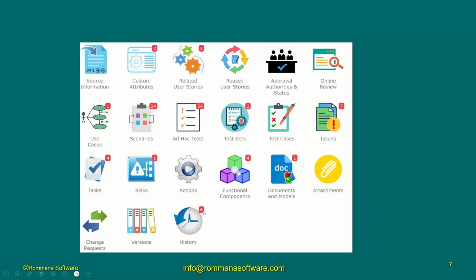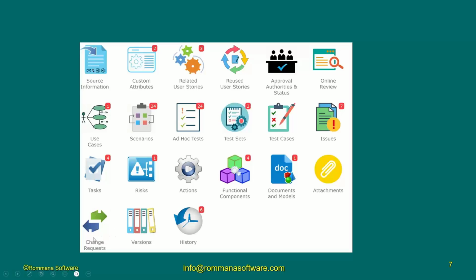It shows you, for example, it has 6 changes over time. And if I were to click on this history, I'll see all the 6 changes and who made the change and when and why and all that stuff. ADO does not allow you to maintain a history of the changes.